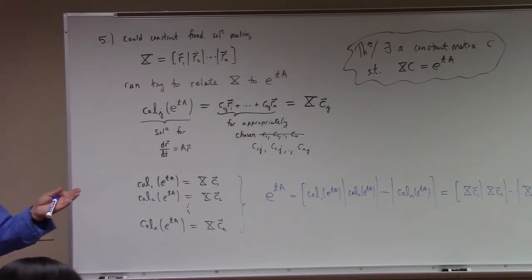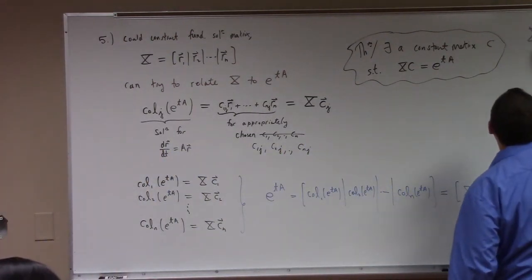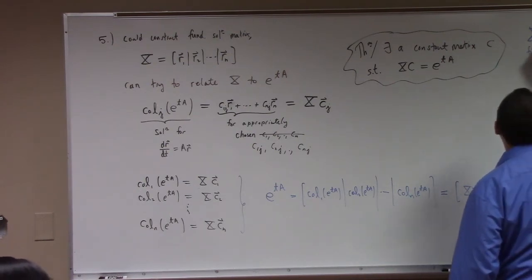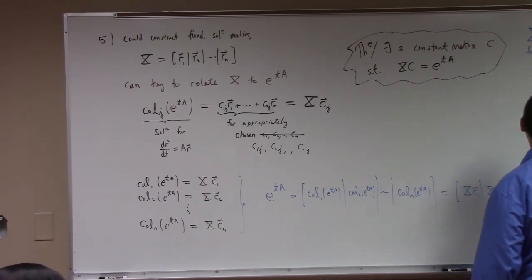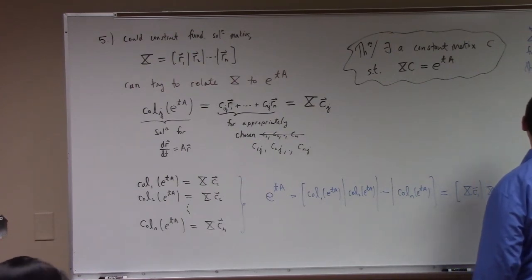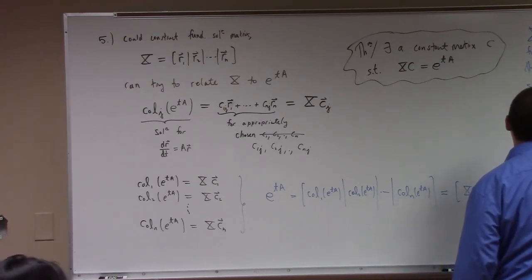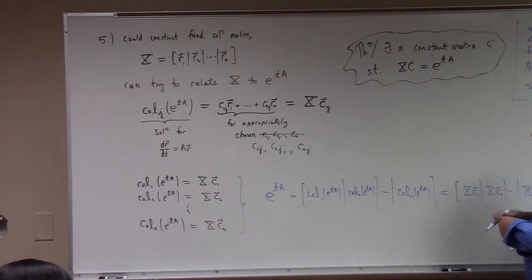What's a solution matrix? If X and Y are both fundamental solution matrices, then there exists C invertible, in fact, such that X times C is equal to Y. Now, that I haven't quite proved yet, but that's pretty easy to prove.